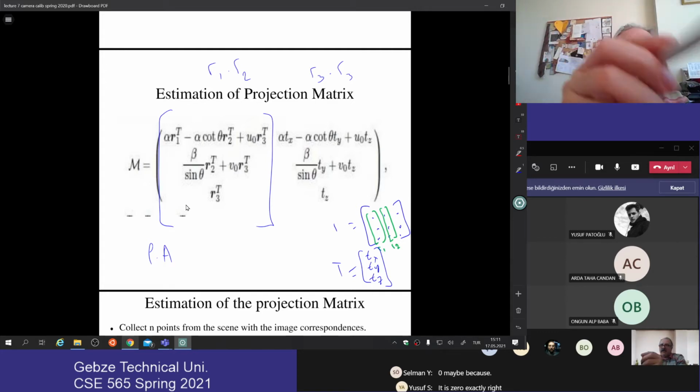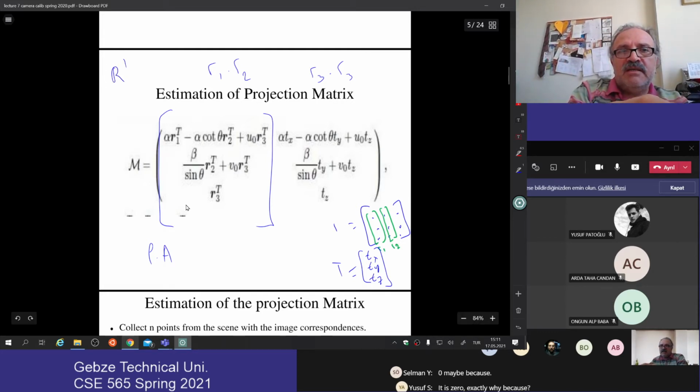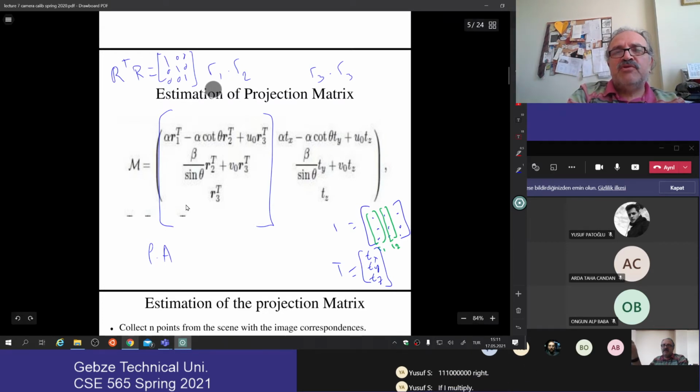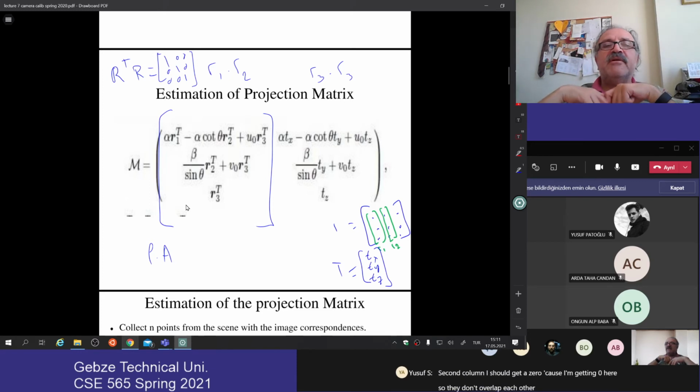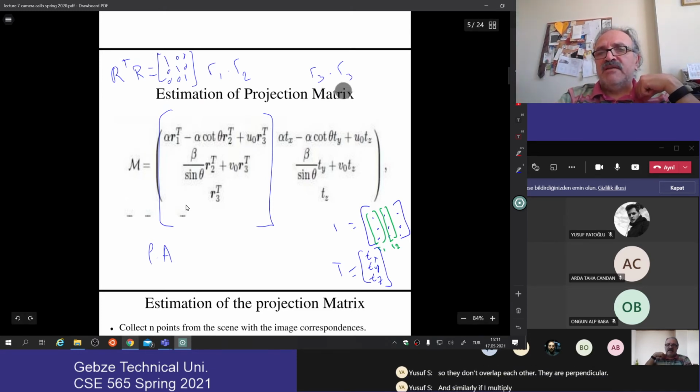Why? Because R transpose times R is equal to the identity, with ones on the diagonal and zeros elsewhere. If I multiply the first column with the second column, I should get a 0, so they are orthogonal to each other. They are perpendicular. And similarly, if I multiply R3 with R3, I should get a 1.